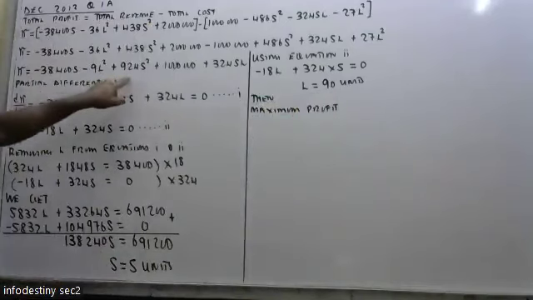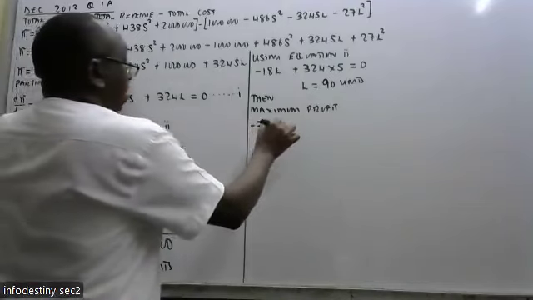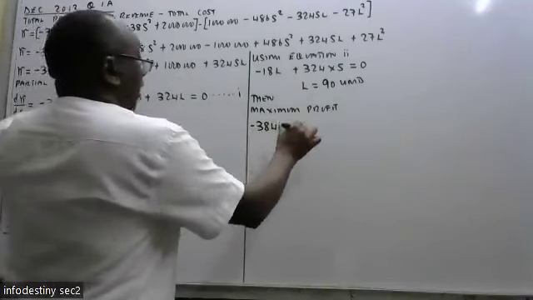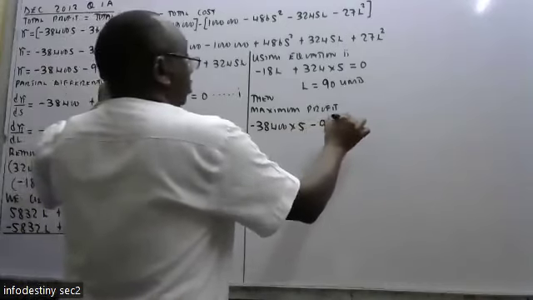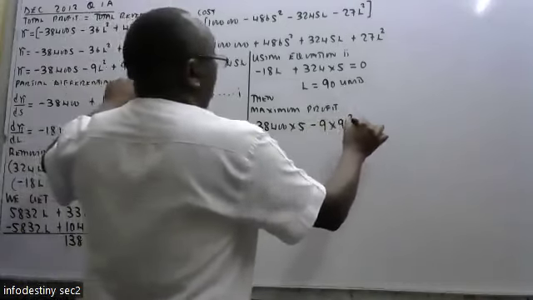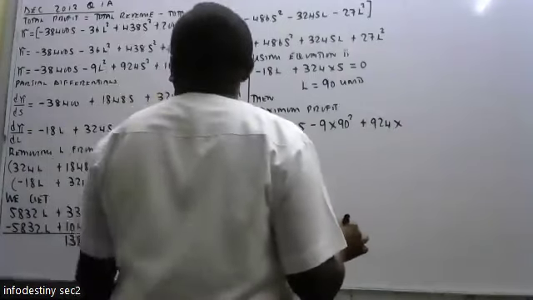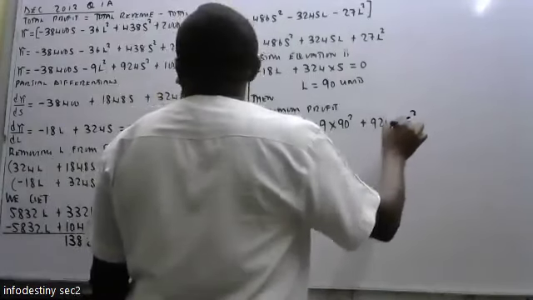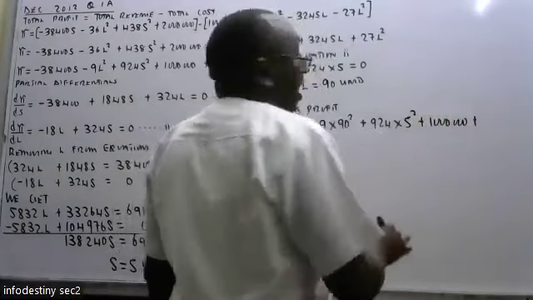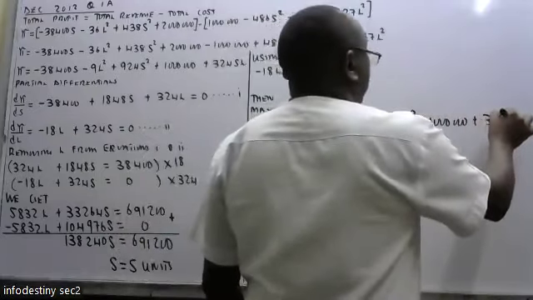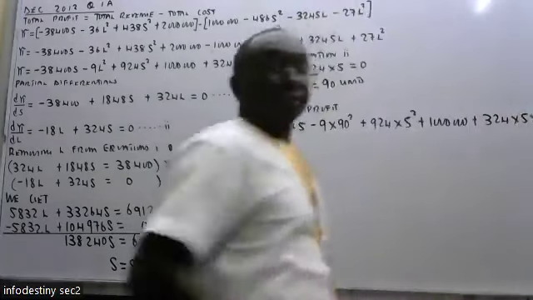You take this function that we have been given as negative 38,400 times S, S is 5, minus 9 times L squared, that is 90 squared, plus 924 times S, that is 5 squared, plus 1 million, plus 324 times S, 5, times L, 90.